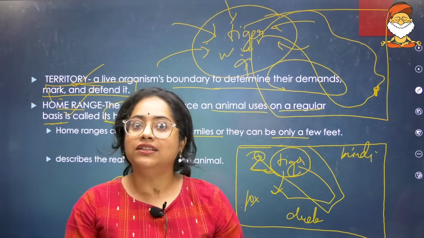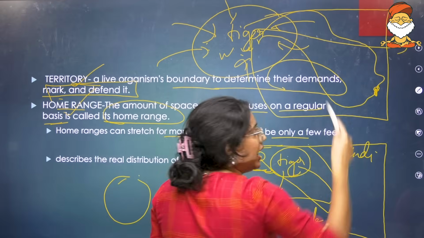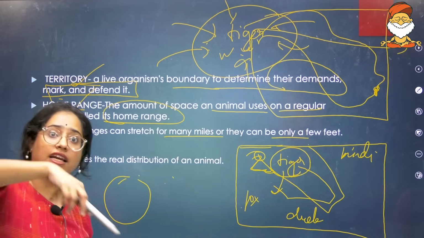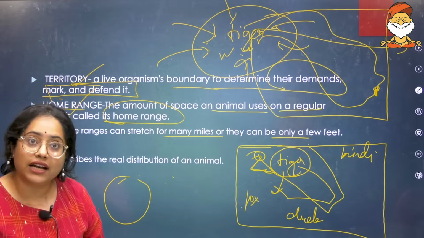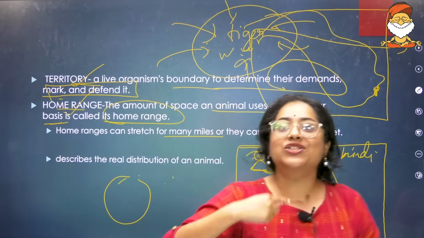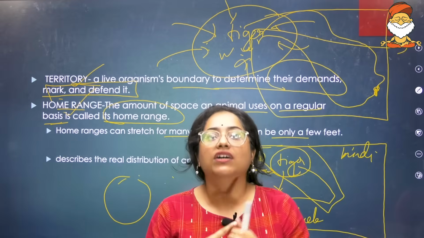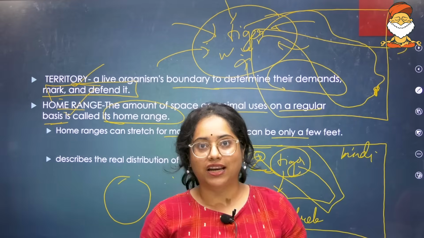Now my question is, if it has now gone till there, you can say that is its home range, but will it be able to find the prey that it requires over there? No, because the tiger has evolved for a tropical evergreen forest. Its prey is going to be in the tropical evergreen forest.